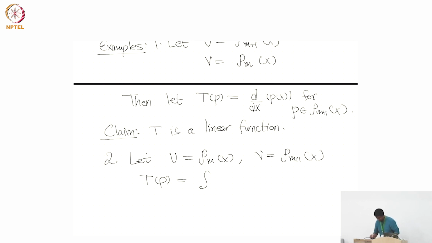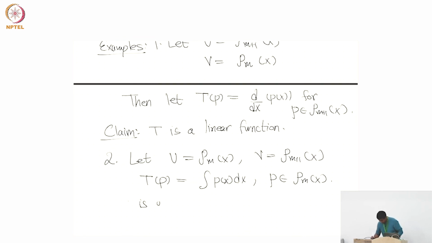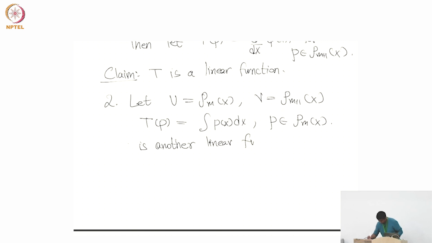Forgetting the details, T of p is the integral of p of x dx for p a degree m polynomial. This is another linear function between finite dimensional vector spaces, because integration is also linear in its arguments.